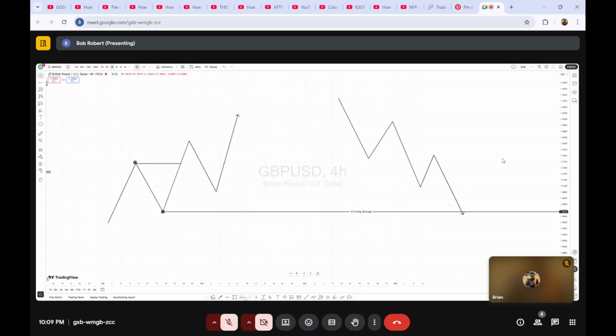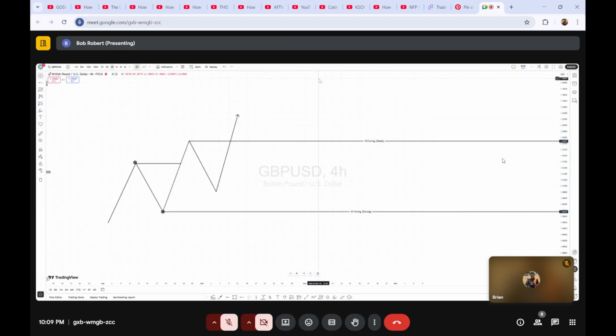And if I label these levels swing weak, it means this is where we are most likely, let me delete this side here, to get a break of structure, the swing weak. So this zone is more likely to be taken out. All right.